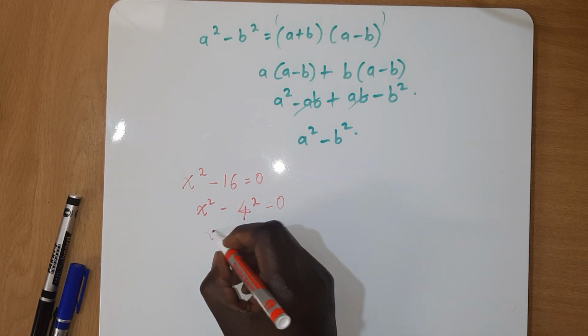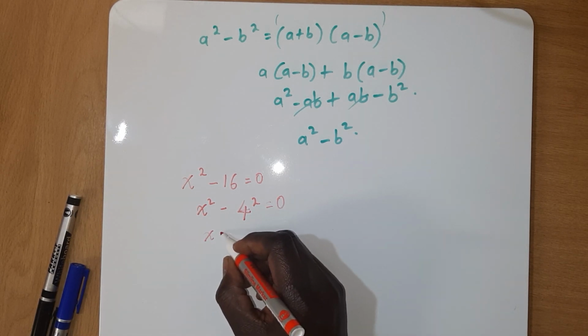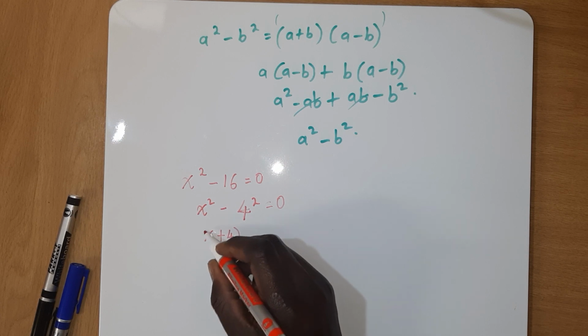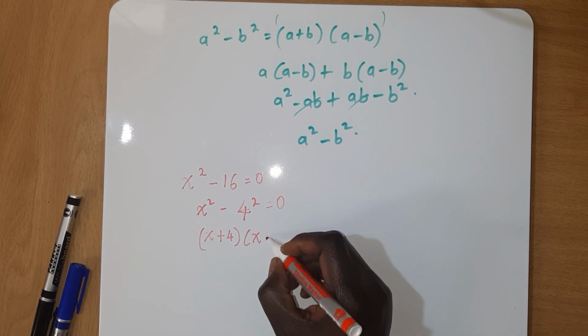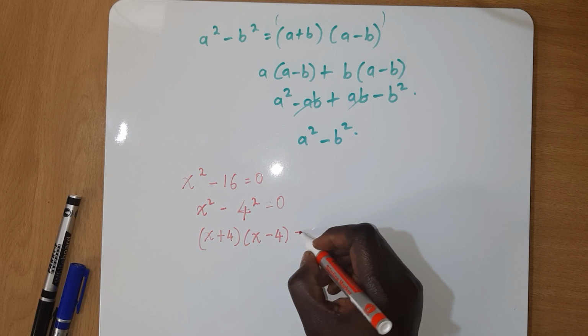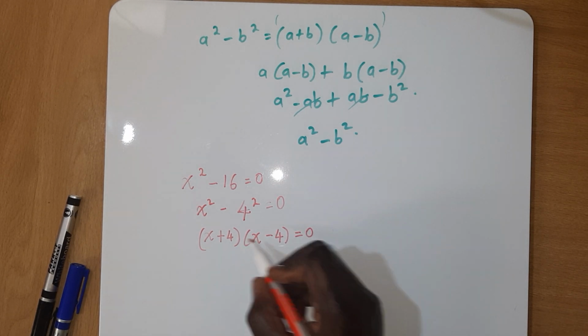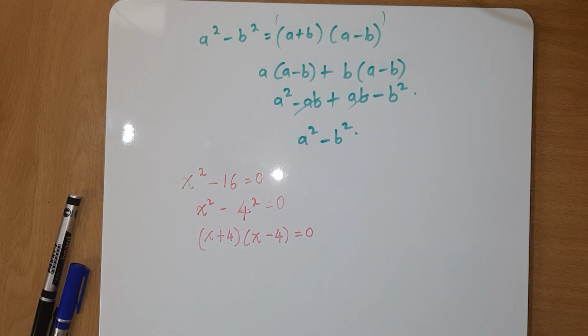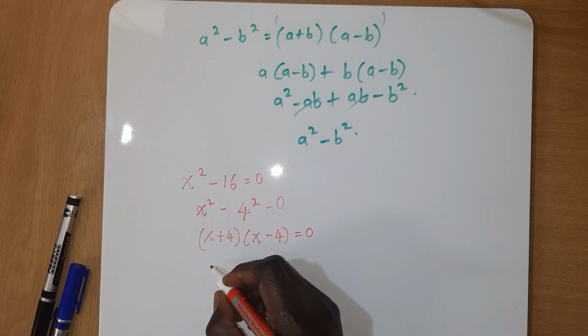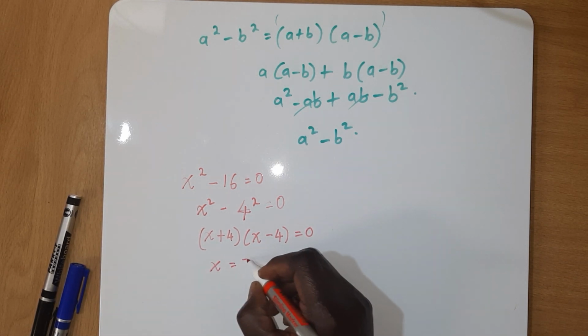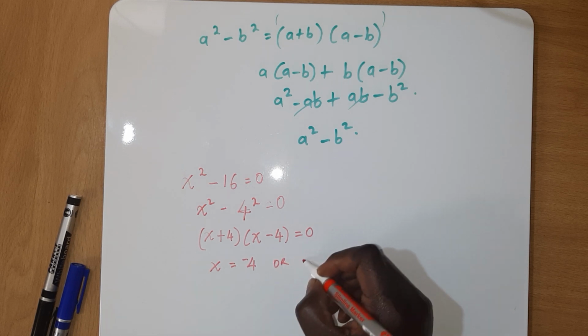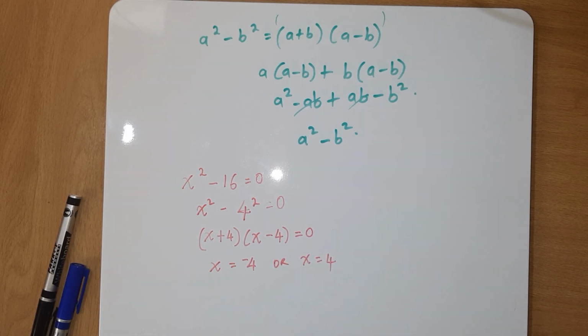So it would be x plus 4 times x minus 4 equals 0. And then this is a product that's equal to 0. We factorized it. So now the two solutions are x is equal to minus 4 or x is equal to 4.